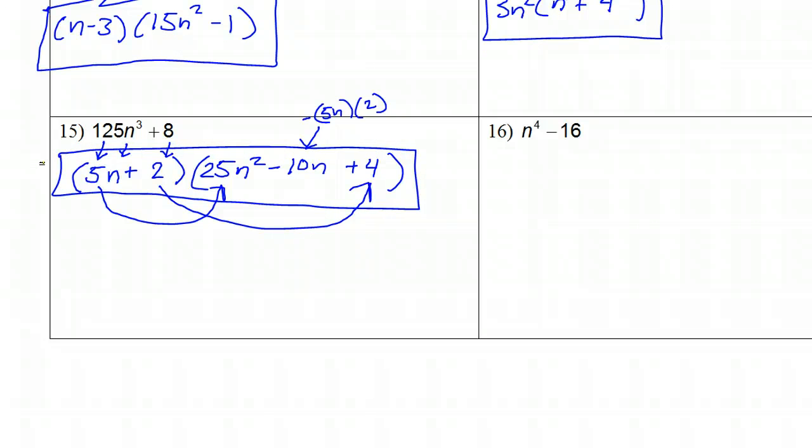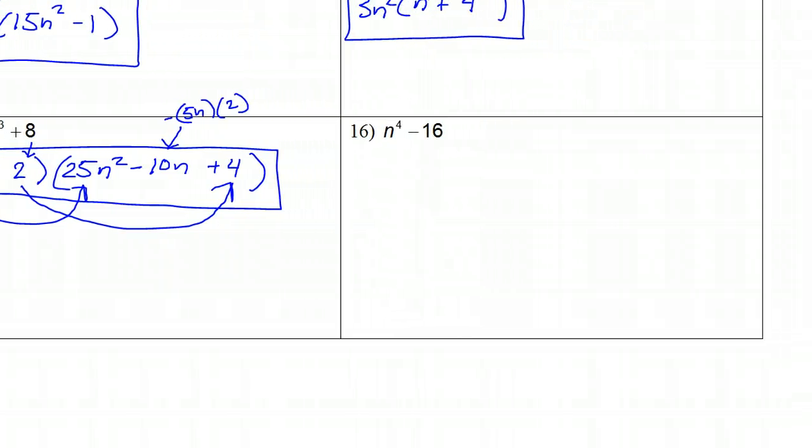Okay, last one, number 16. This is the difference of two squares. As long as this exponent is even, like n squared, n to the 4th power, n to the 6th power, n to the 8th power, and of course this number has to be a perfect square, like 25 or 49 or 36.